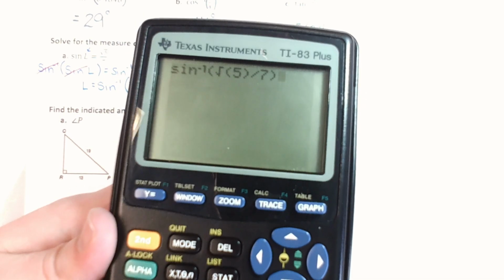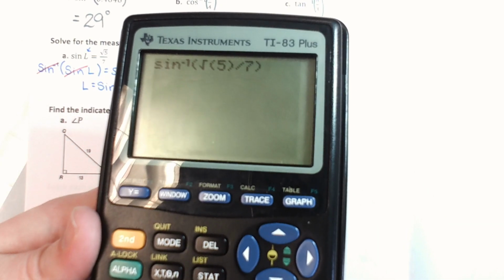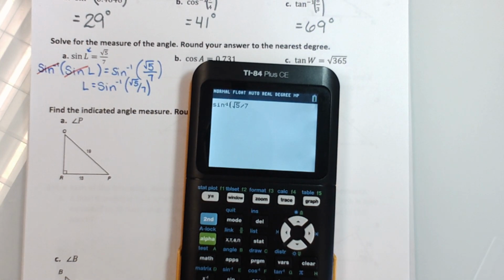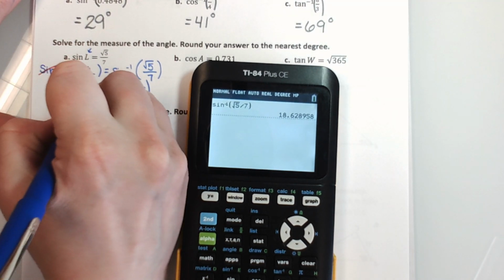And then I close the inverse trig. Close your inverse trig. It says round to the nearest degree. 19.